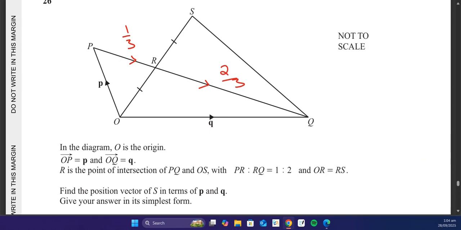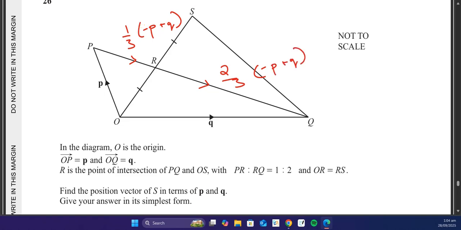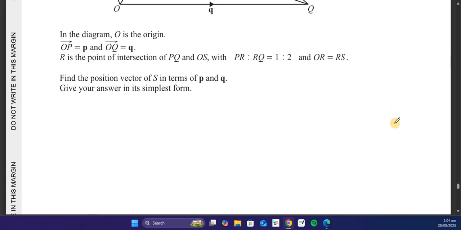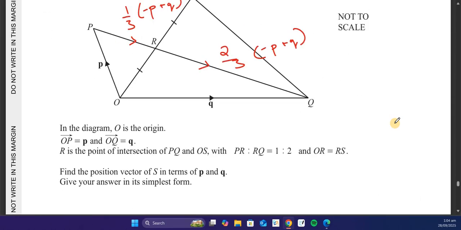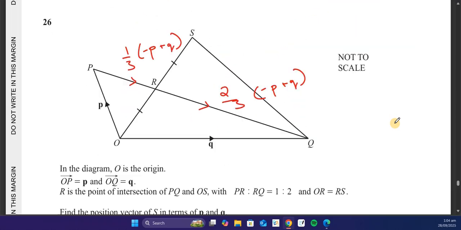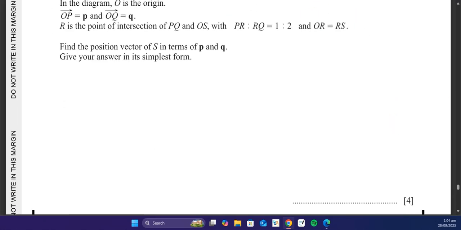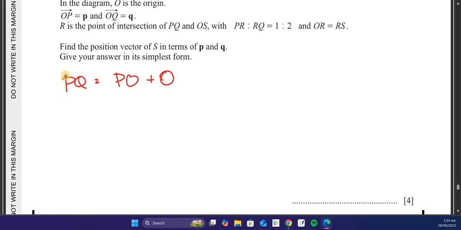Okay, so how do you get this? If we take minus p plus q, that would give us this, and the same for this. We need to find the position vector of S. So we could simply write PQ is equal to PO plus OQ, which is minus p plus q.